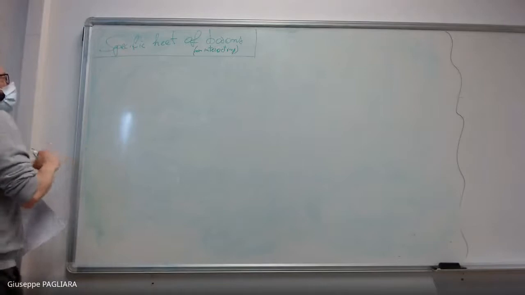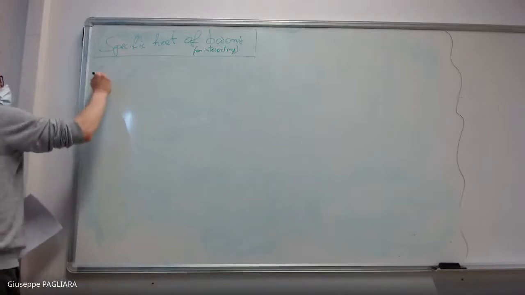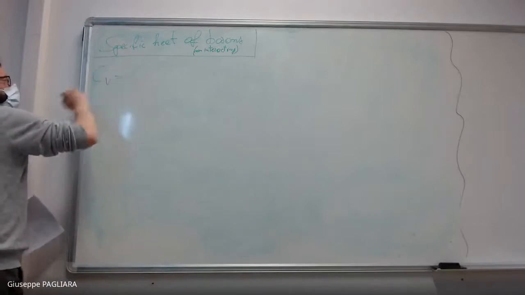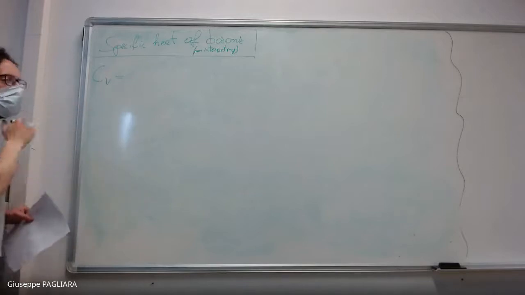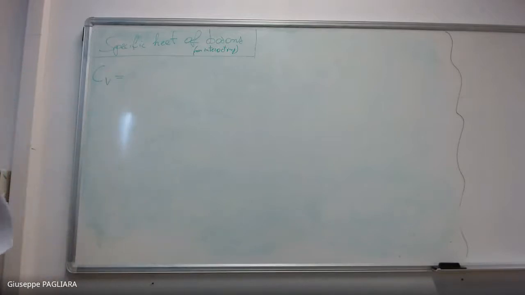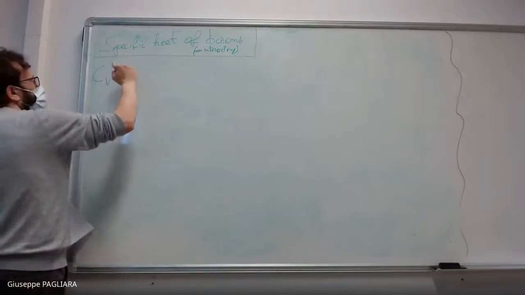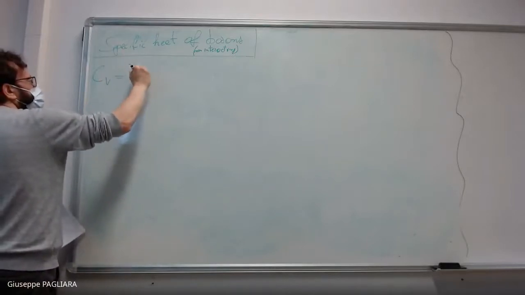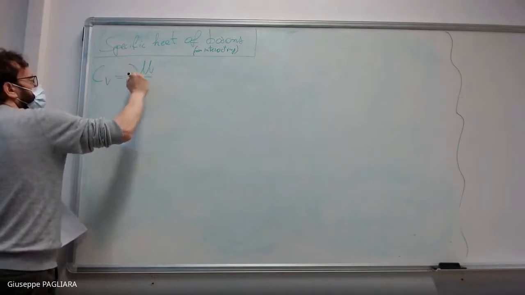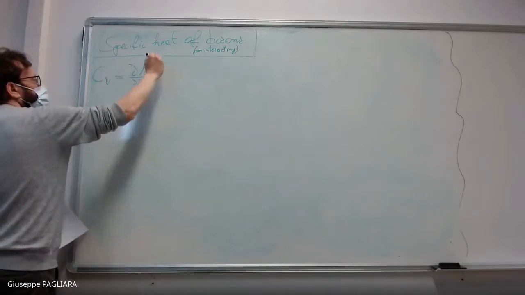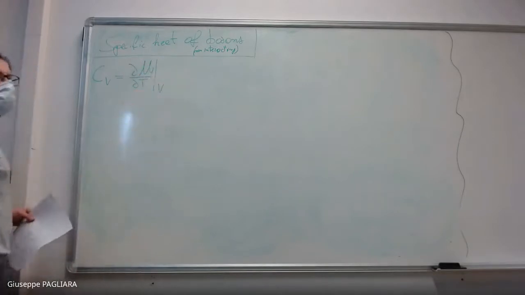Okay, the starting point for the specific heat at fixed volume is to make a derivative of the internal energy with respect to temperature by keeping fixed the volume, actually also the number of particles. So this dU/dT at fixed volume.